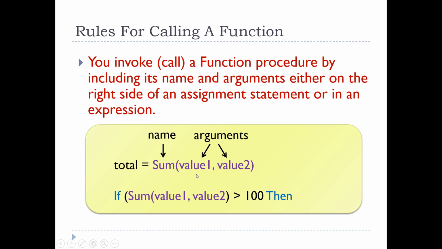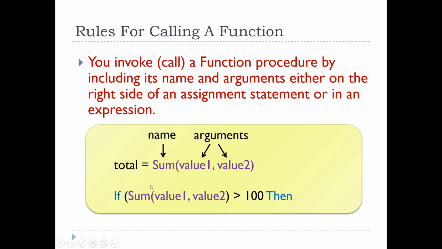We call the function name, and since it takes two parameters, we put the arguments in there, and it sums them up and returns the result. We'll assume it's either a double or integer, and if it's 5 and 5, we get 10. So now 10 is assigned to total. So it's on the right side of the equal sign. It cannot be on the left.